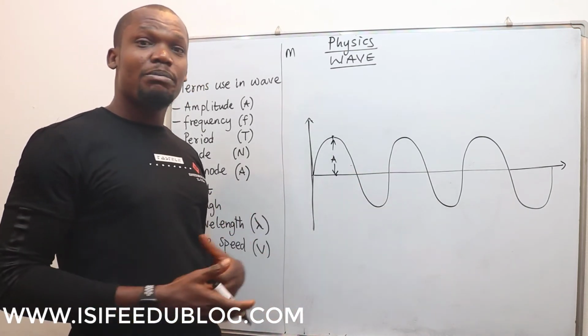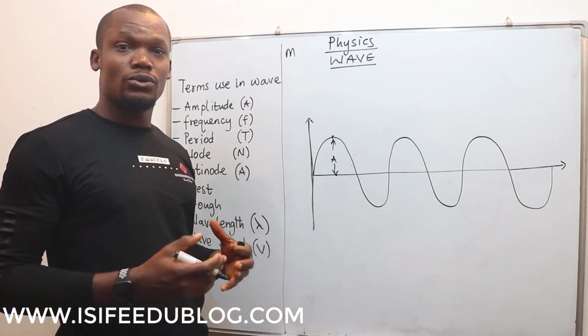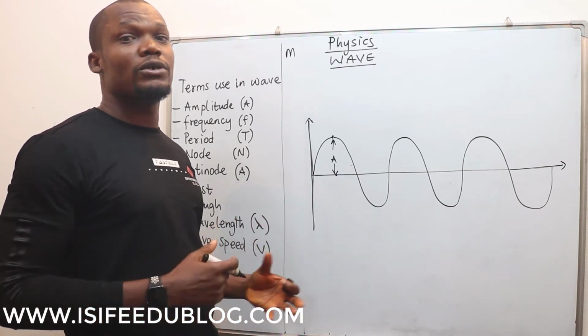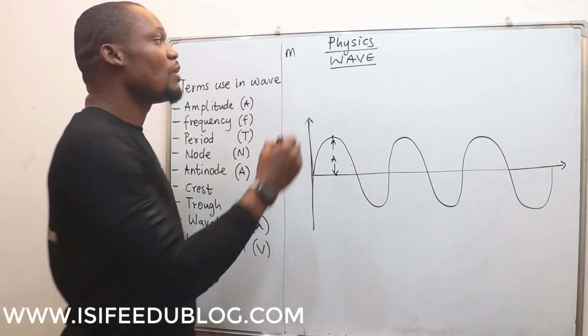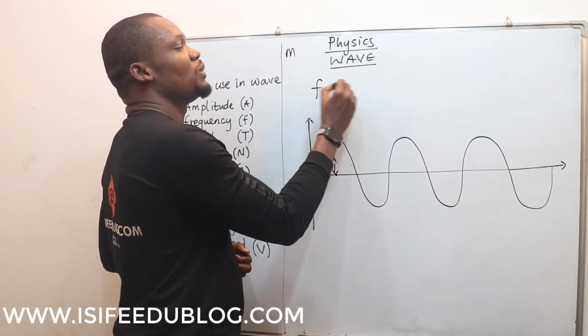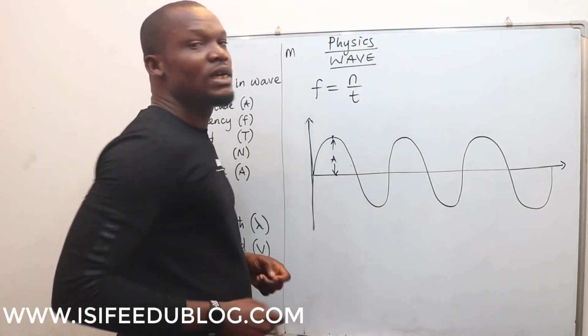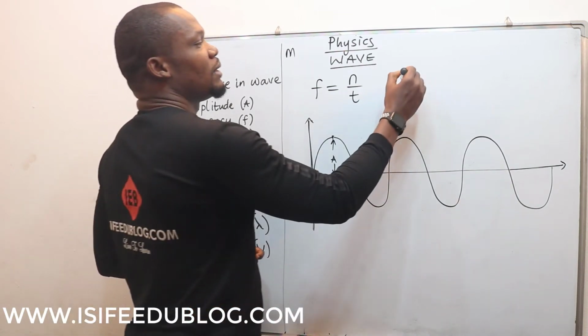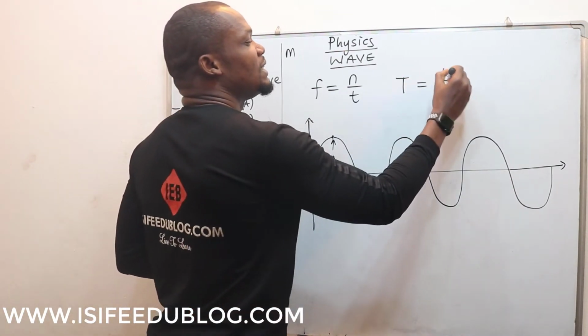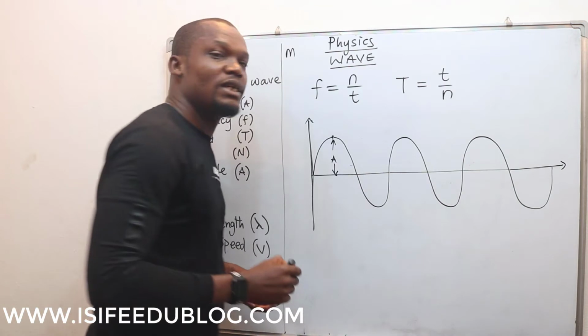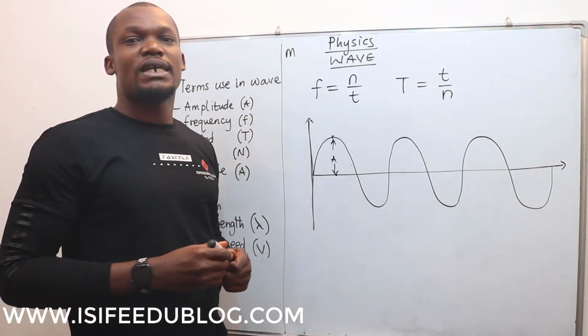Now, it is very important for us to talk about the relationship between period and frequency. Remember that frequency is the number of cycles completed in 1 second, and period is the time taken to complete one cycle.